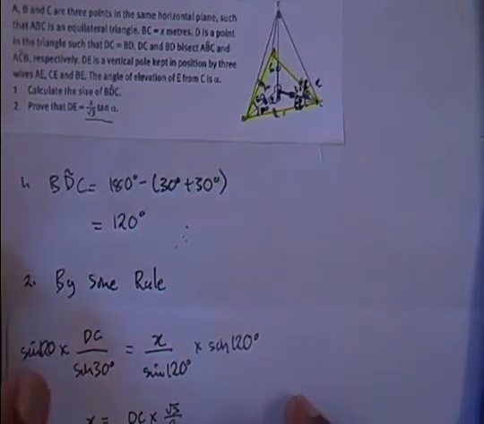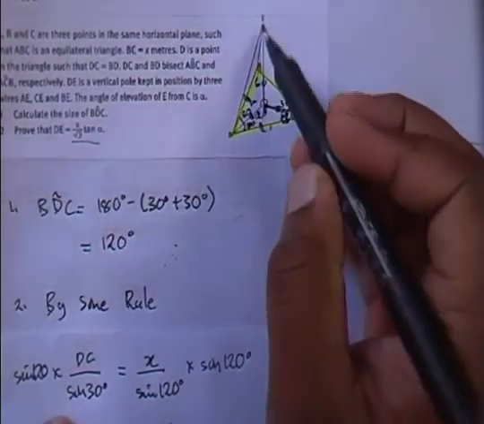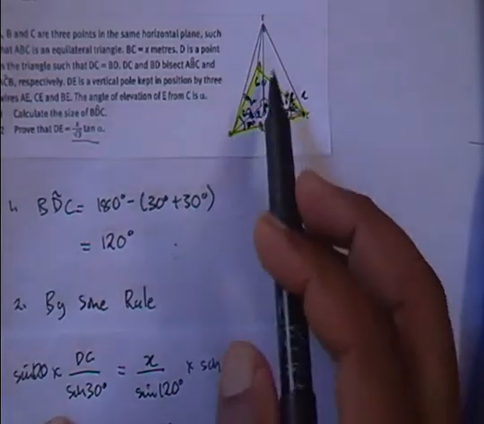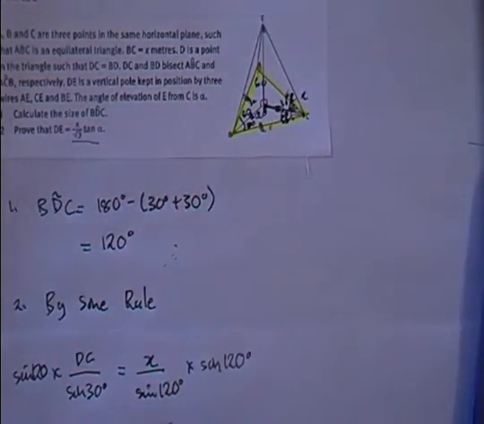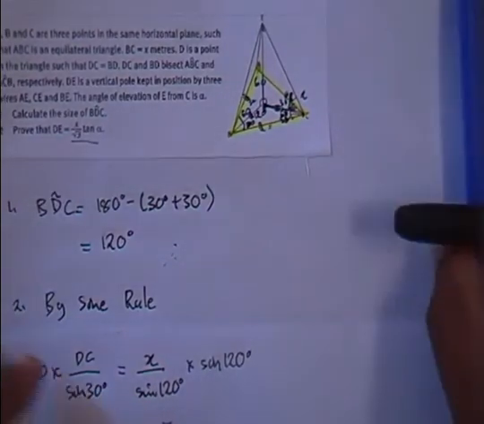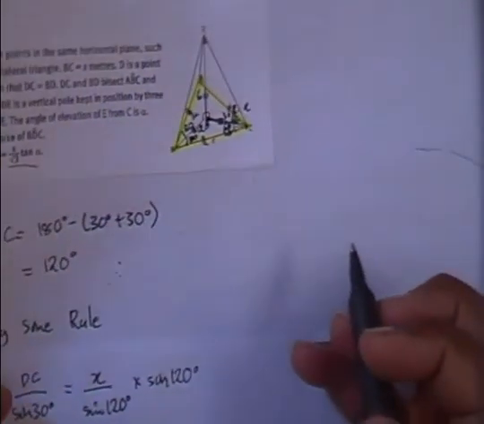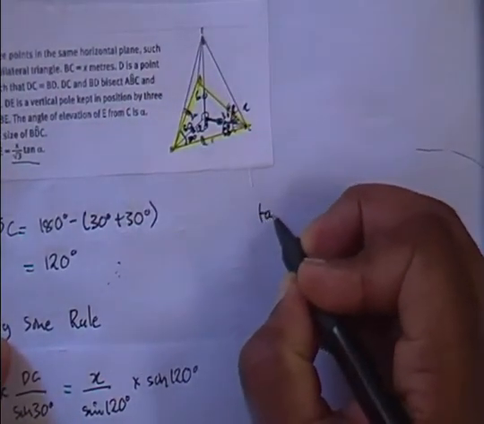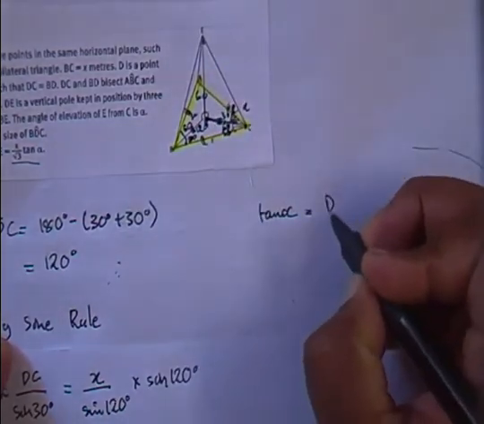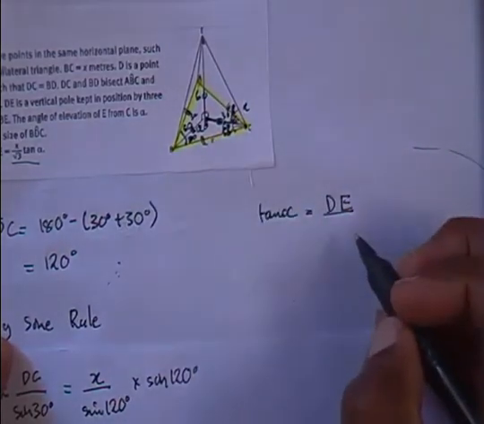Okay, now we go back into our diagram there. The length that we're trying to find is DE. We found DC to be that. We find alpha to be that. So what do we know about DE? Well, what we know is that if we now take the tan of alpha, that angle there, remember, is the opposite, which is DE, over the adjacent, which is DC.